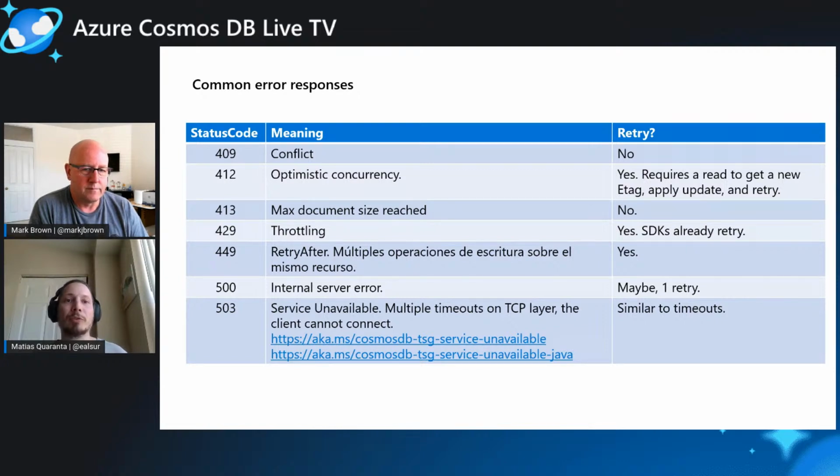412 happens on what we call optimistic concurrency. Not everyone uses optimistic concurrency, but it lets you do a replace or an update of the document that enforces atomicity.